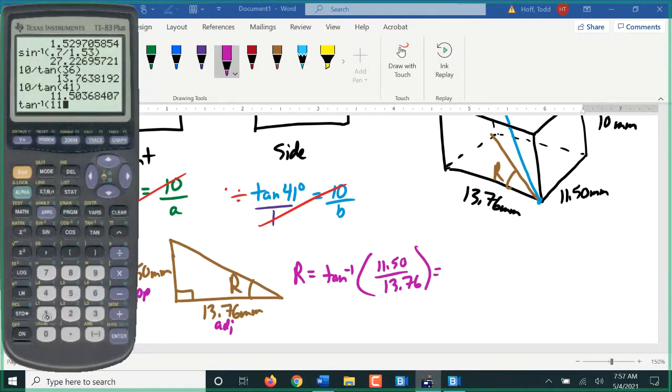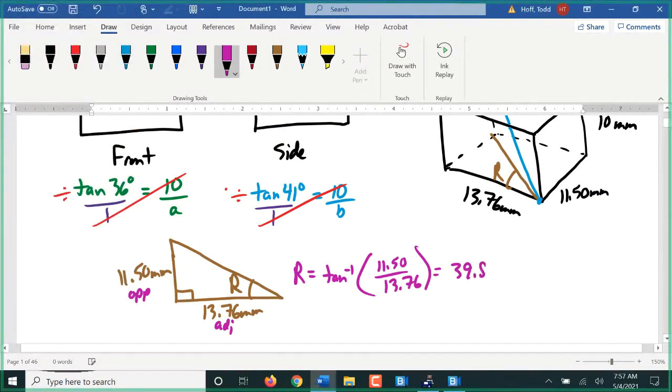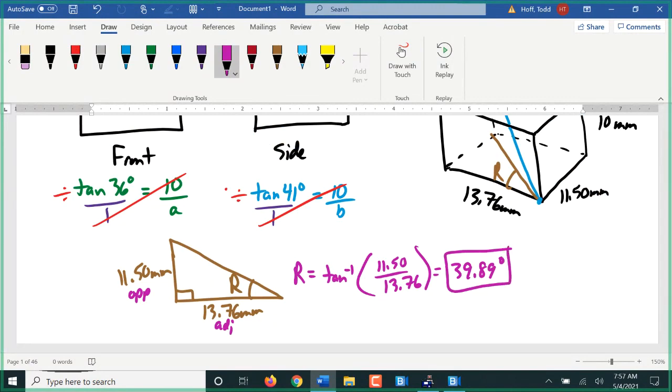Second tangent, 11.5 divided by 13.76 gives us 39.887, 39.89 degrees is our angle of rotation.